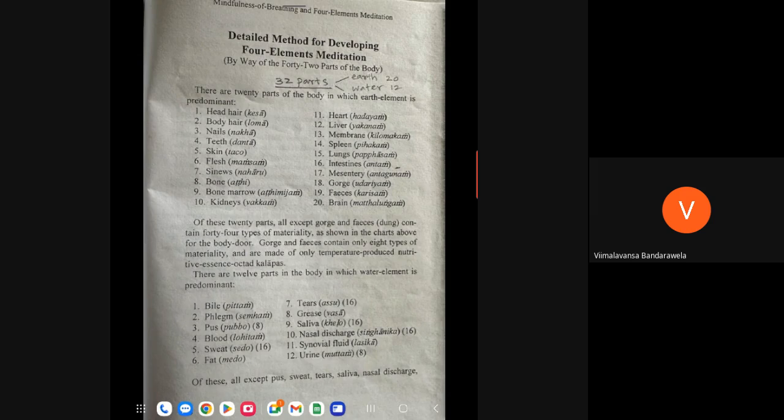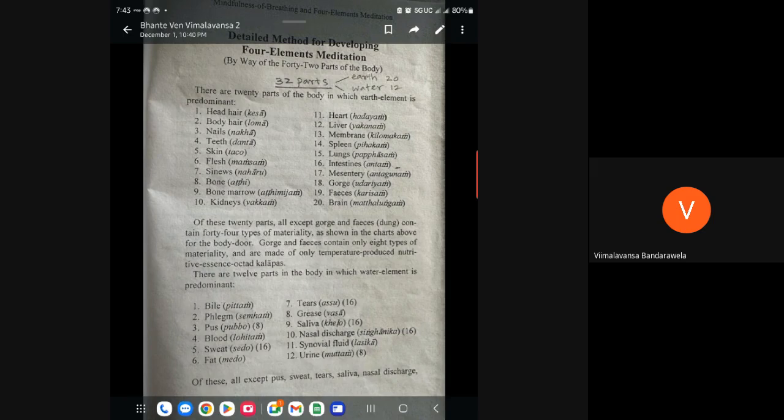And now let's see what the earth element predominant 20 parts are. They are mentioned in this way, 10 and 10. Actually, you want to know the Pali meaning also. The Pali is mentioned within brackets. So Kesa, Loma, Naka, Danta, Tacho.